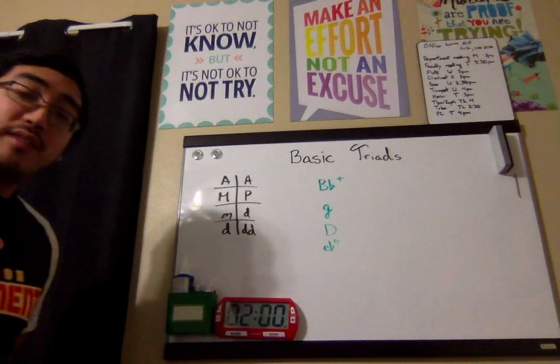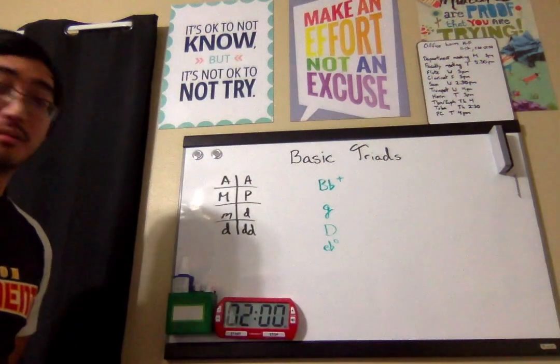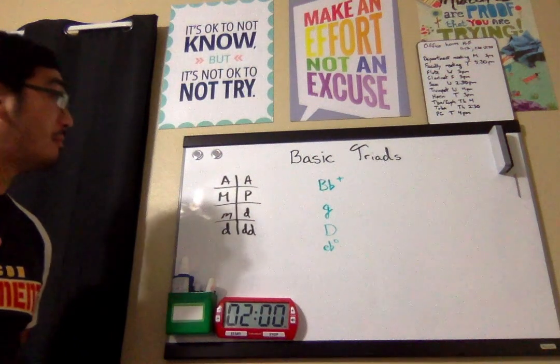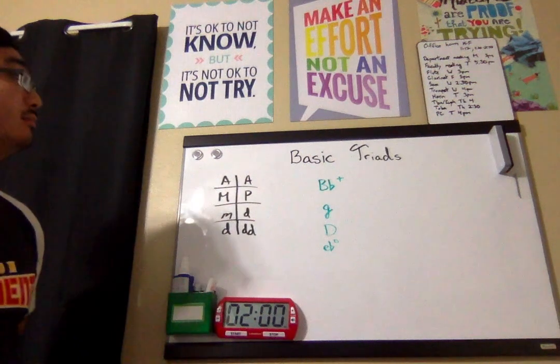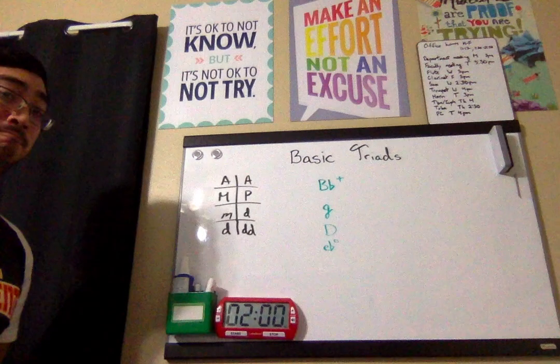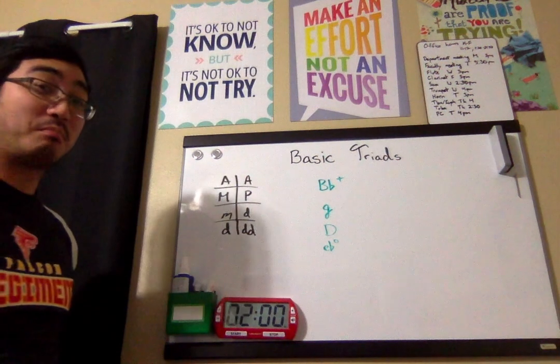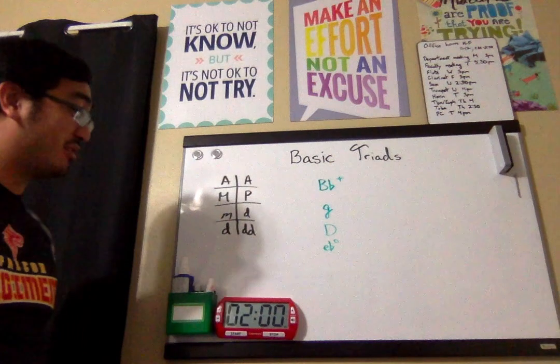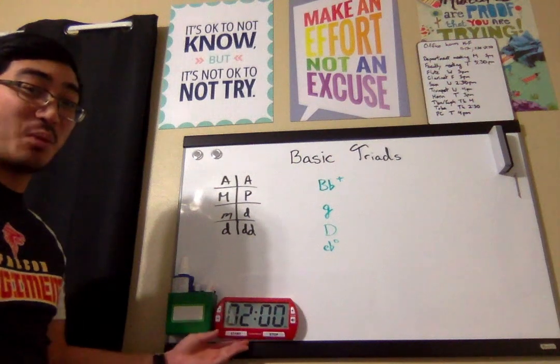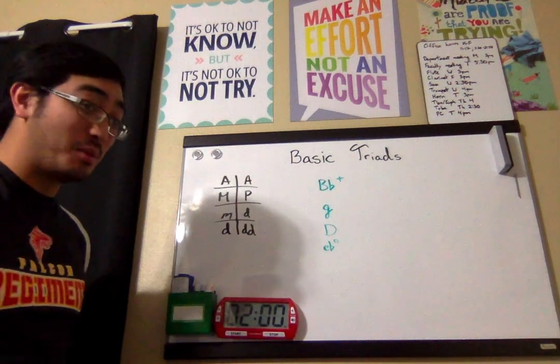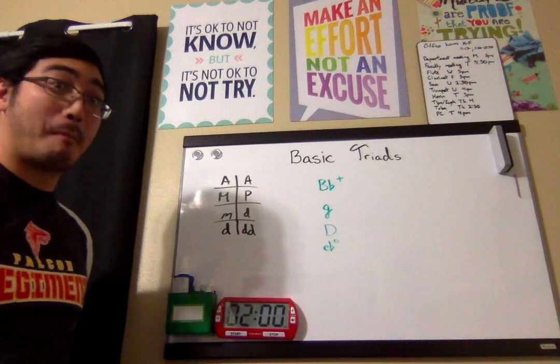Take a second and figure out what these triads are. Probably could have used the timer. It was very conveniently right here. But choices were made. I'm going to stick with it.